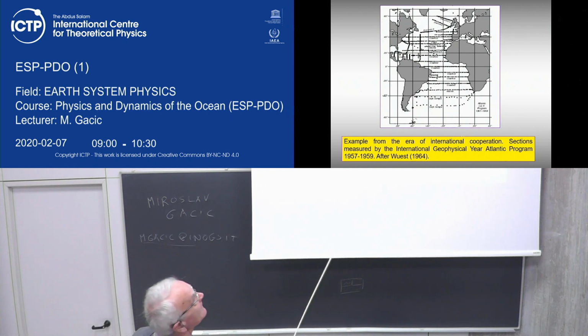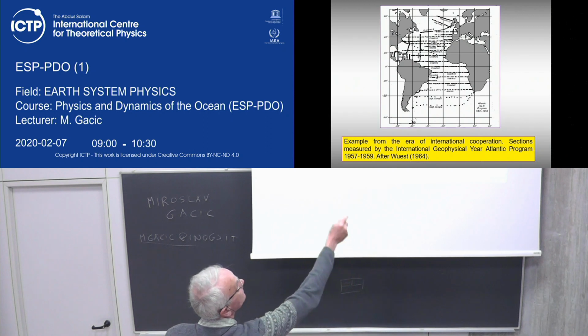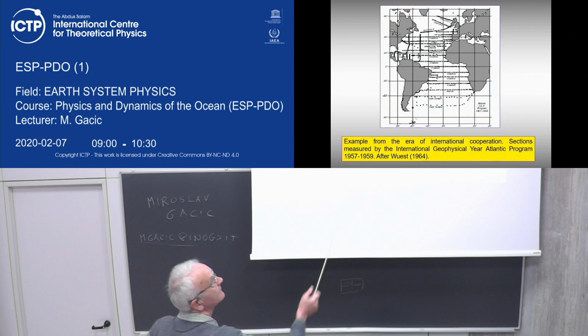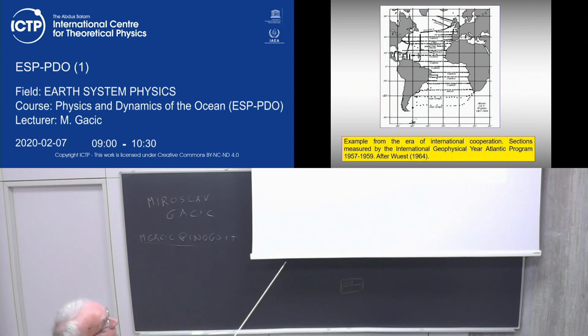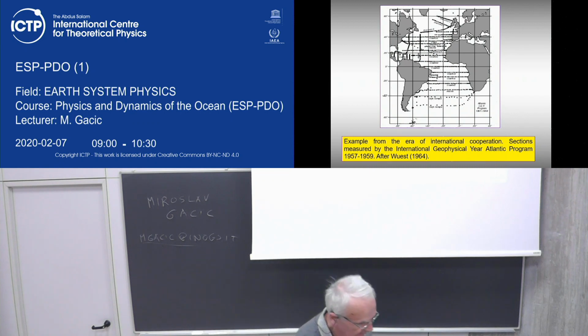You can see that they try to understand the entire thing, and again there is rather strong attention paid to the area of the Gulf Stream. So this is the combination of a number of nations and national ships, in the 57-59 period.